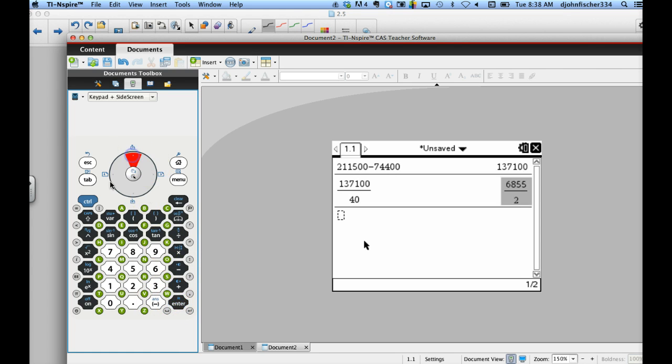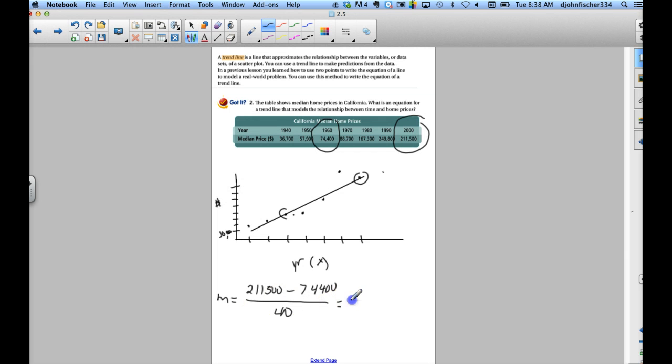I'm going to go up and get the right answer here. Enter, control, enter. So my slope is 3,427.50.